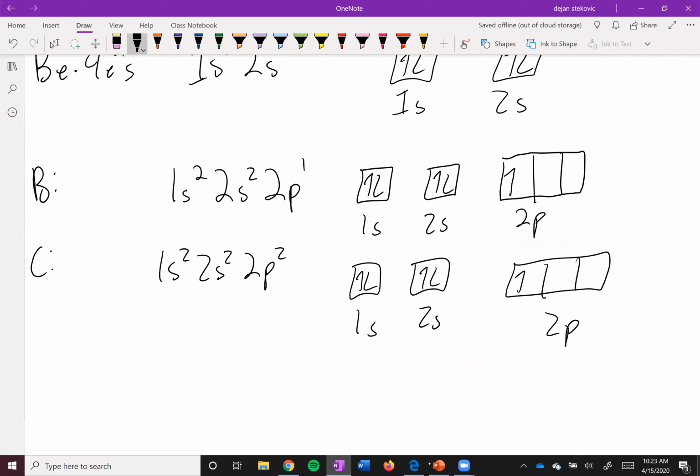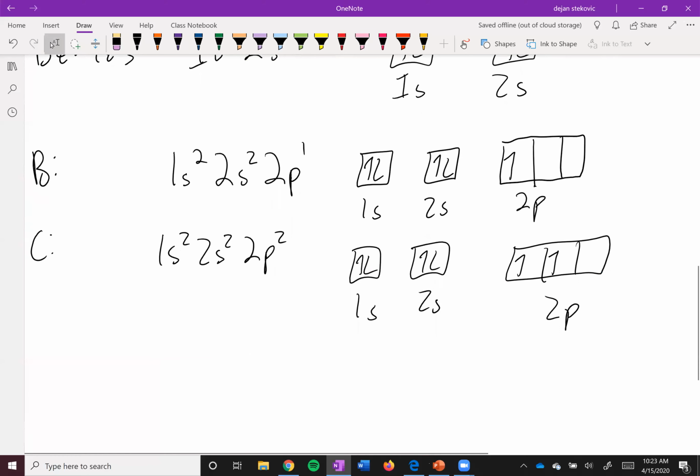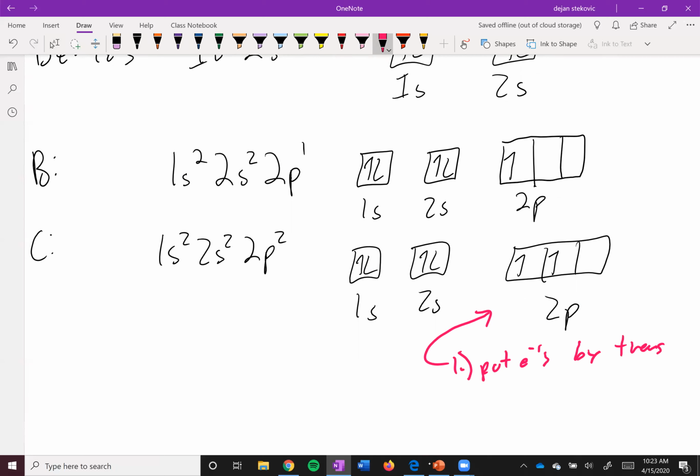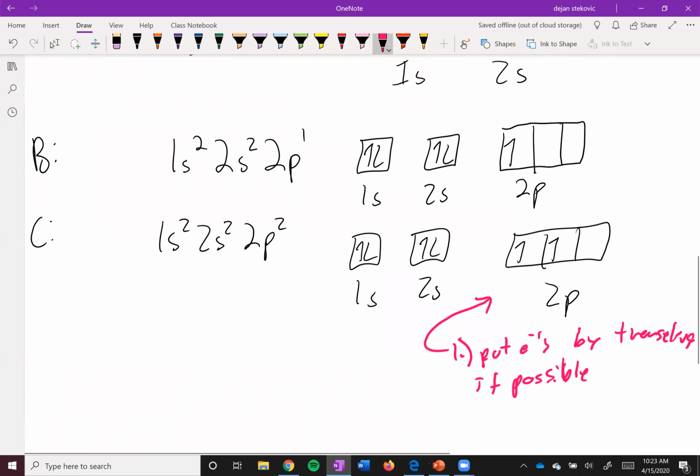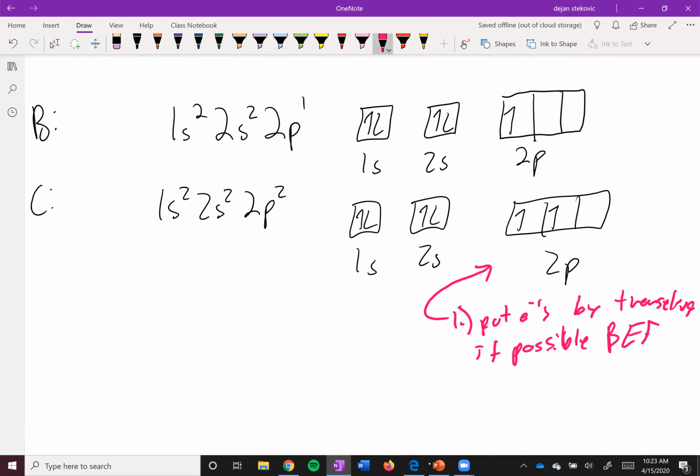And now here's where things get a little bit more tricky. You first fill up every orbital in the same l and n, so the 2p, with 1 electron each before doubling up. So we put another up arrow here. So there's 2 things you have to remember here. Number 1 is put electrons by themselves, if possible, before doubling up.